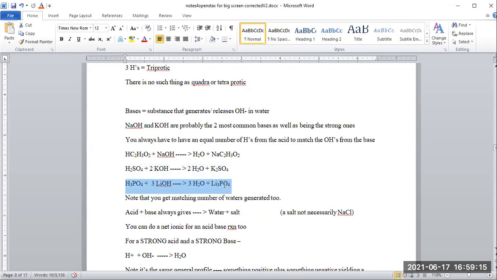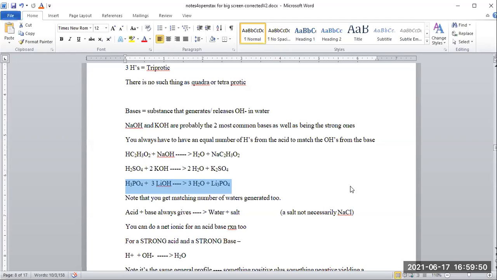Look at the last one here, our somewhat rare triprotic acid. I use some lithium hydroxide, which is actually not super soluble, but I could make it work if I stirred my solution. And three OHs, okay? The big three out in front, to make sure that I have three OHs to match the H3 at the beginning part of my acid.